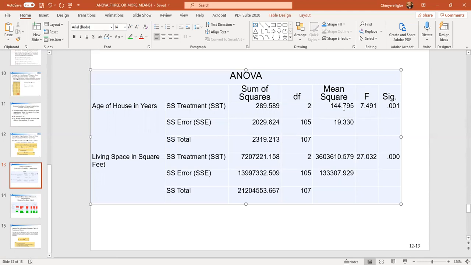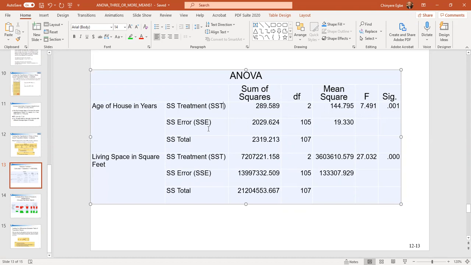The mean square will be the sum of squares divided by 2, which is 289 divided by 2, which is 144. And the mean square error will be 2029 divided by 105, which is 19.3. And so the calculated F will be 7.49, which is 144 divided by 19.3.